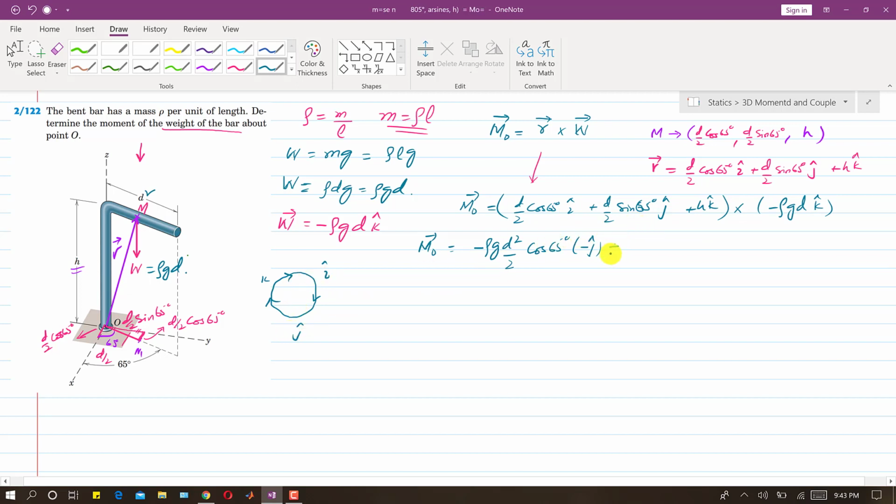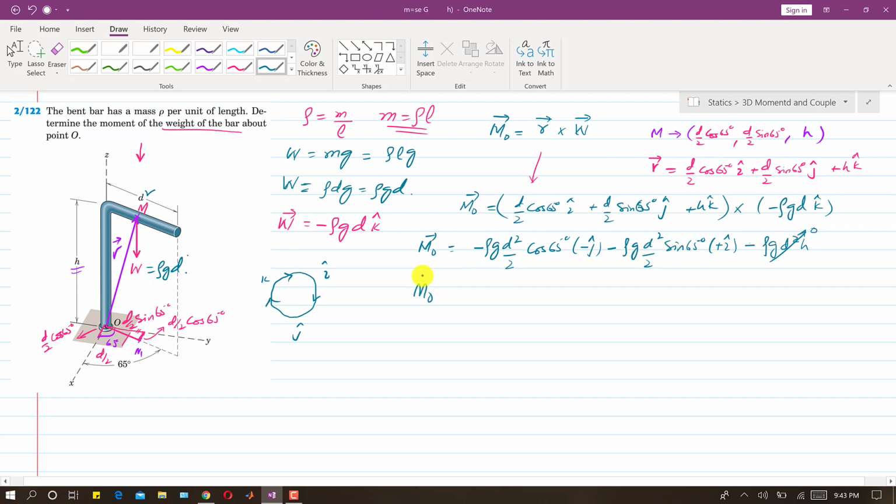Then plus, and this will again be plus into minus, so minus rho g d square divided by 2 sine of 65 degrees, and j cross k is plus i. And this will be minus rho g d square h, and k cross k is 0, right?